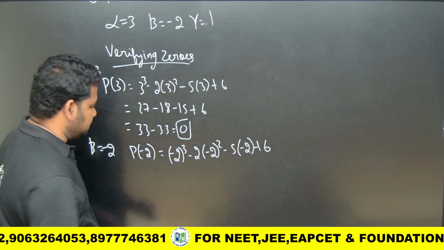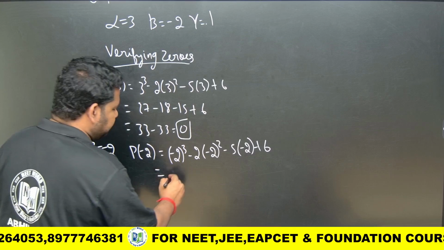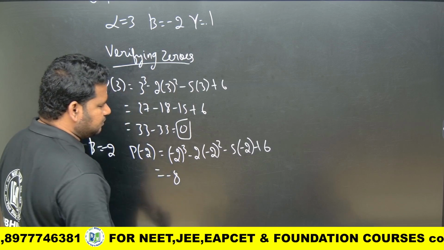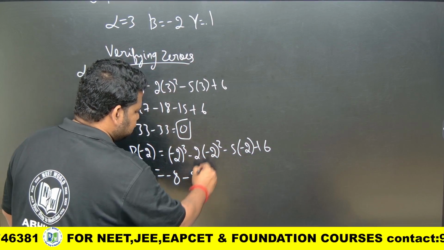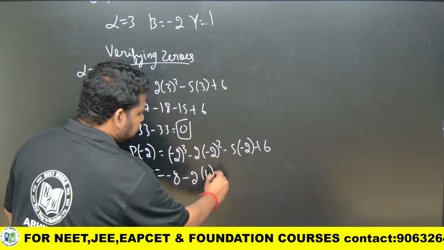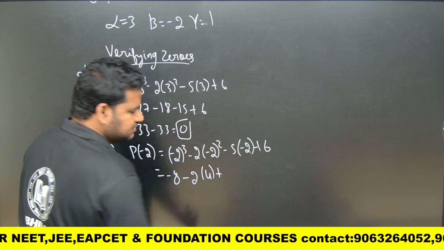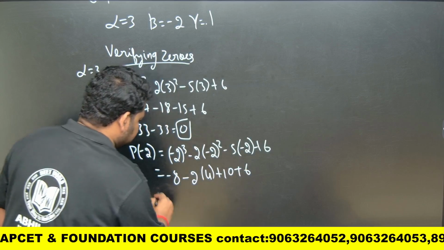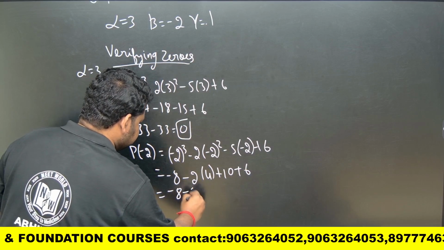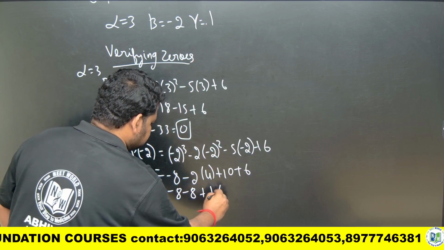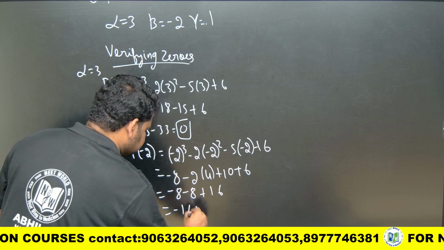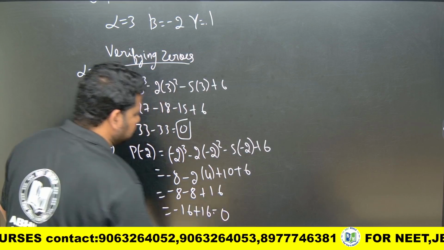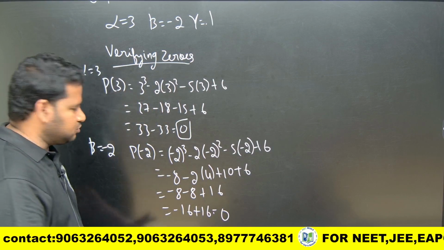Now minus 2 whole cube is minus 8, minus 2 into minus 2 square is minus 2 into 4, and minus into minus 5 is plus, 5 into 2 is 10, plus 6. So this will become minus 16 plus 16, which is equal to 0. So this is also verified.